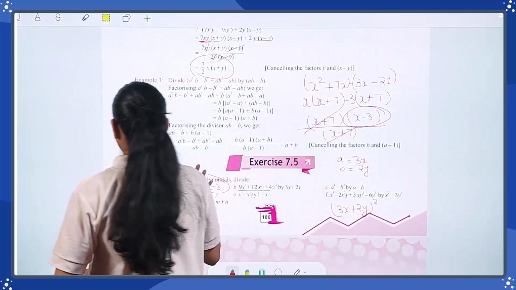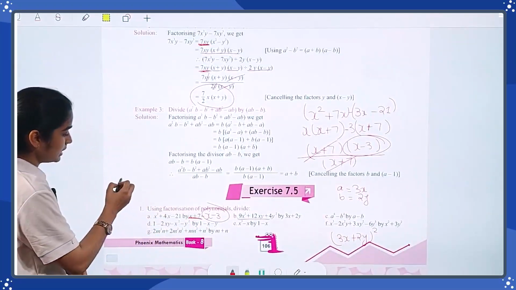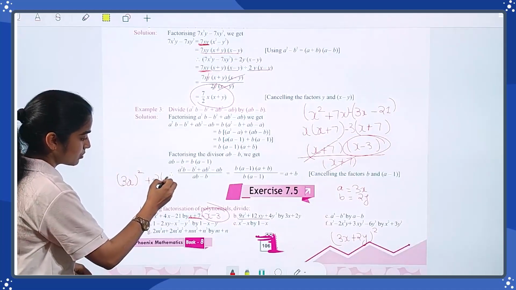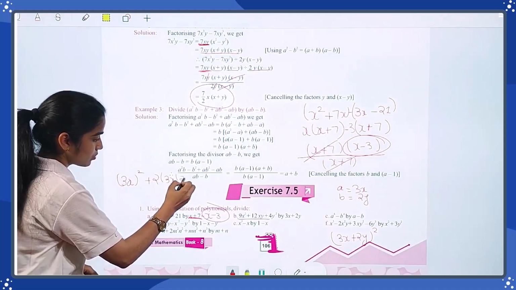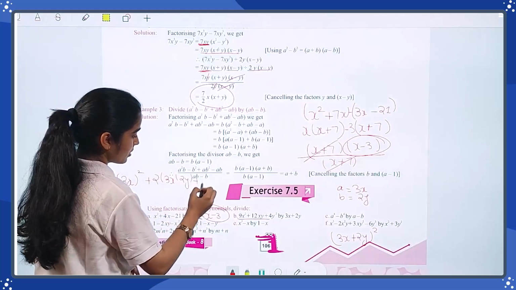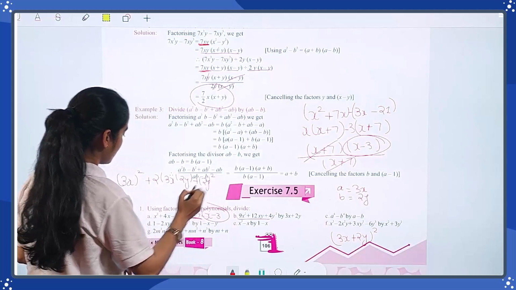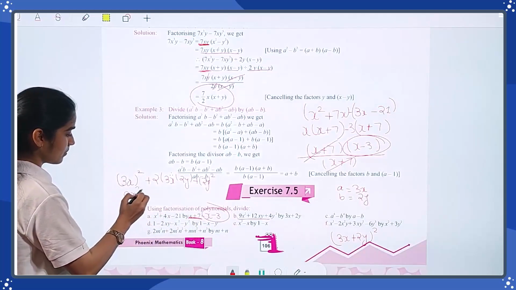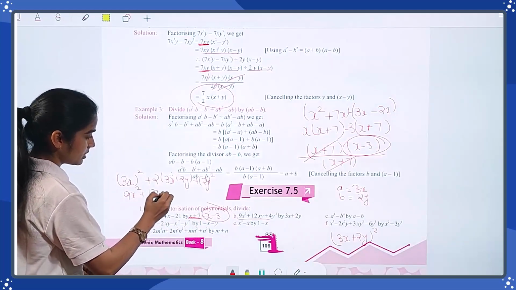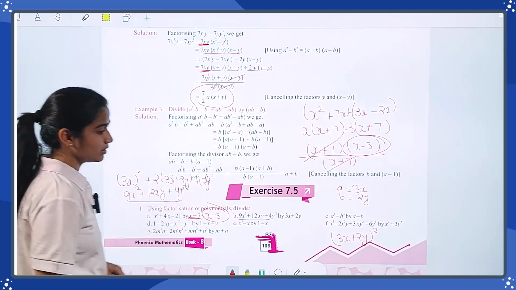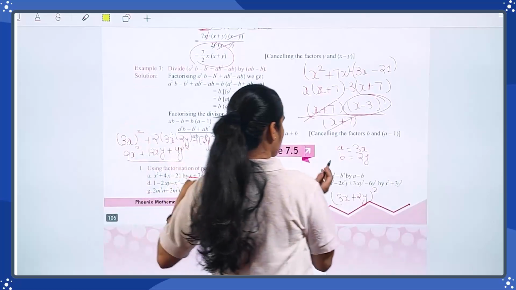Because if I put these values into my identity, 3x square plus 2 times 3x times 2y plus 2y square, I get 9x square plus 12xy plus 4y square. This is my final answer.